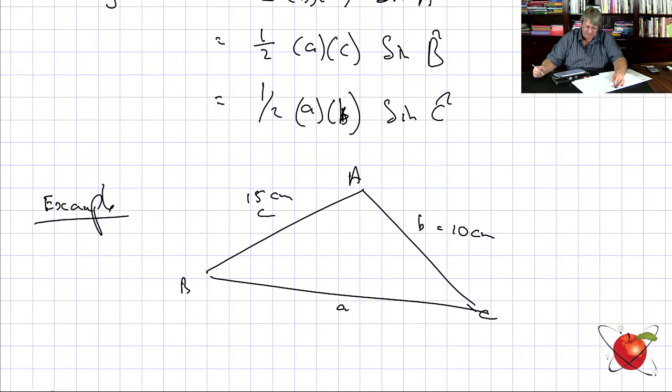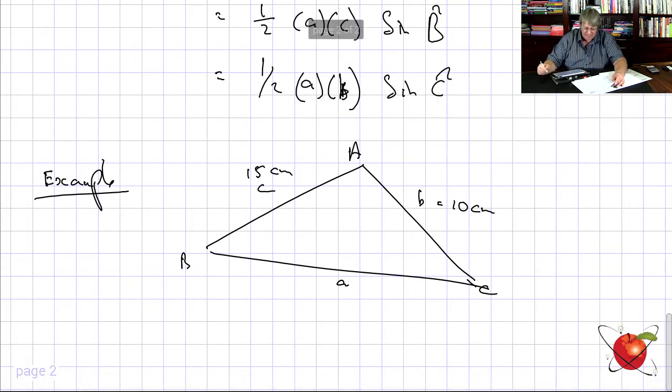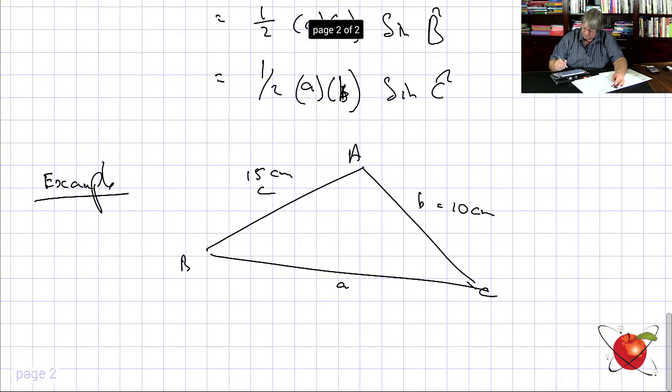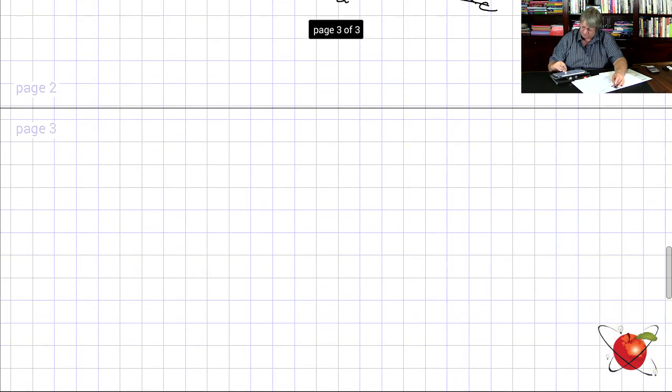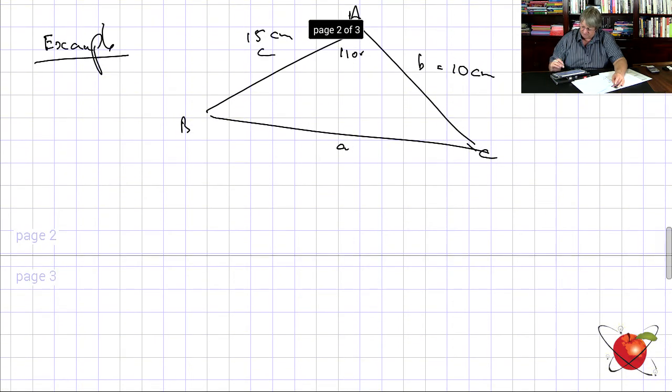Now they want the length BC, and they tell us this angle is 110 degrees. They want a length. We have been given two sides and an included angle.